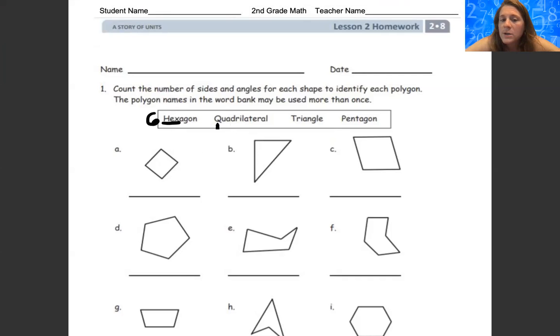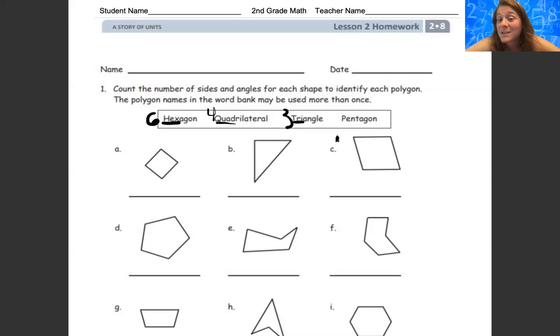What about a quadrilateral? Does anybody know how many sides it has? 4. Good job. 4 sides, 4 angles. All right, what about a triangle? How many sides and angles? Yes, 3.